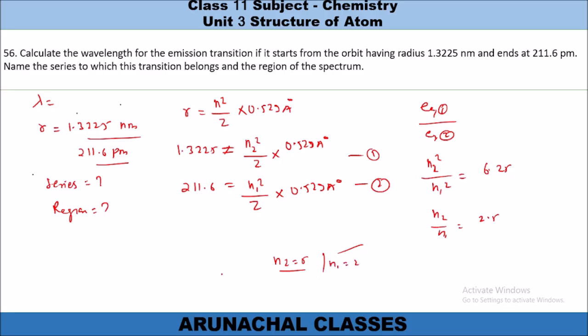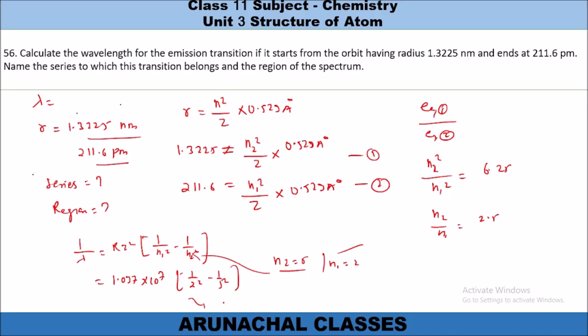Now we know the Rydberg equation: 1 upon lambda is equal to R z square in bracket 1 upon n1 square minus 1 upon n2 square. So put the values. R value is 1.097 multiply with 10 power 7. Then z value I have taken 1, square, 1 upon 2 square minus 1 upon 5 square.